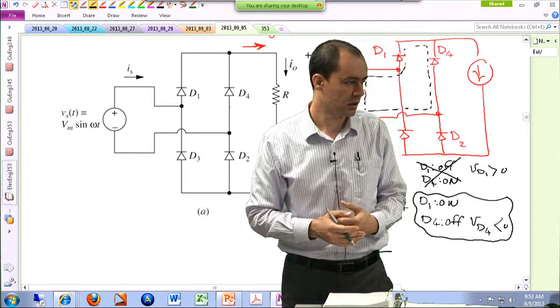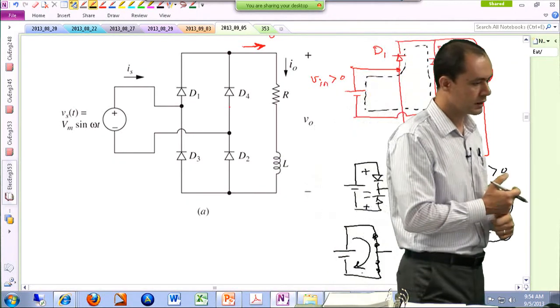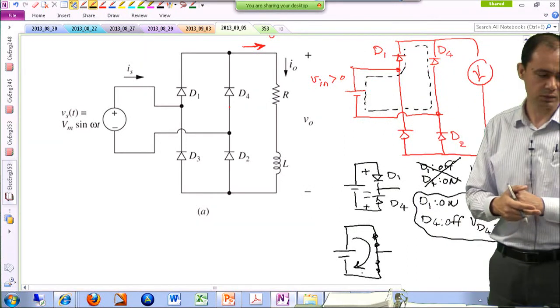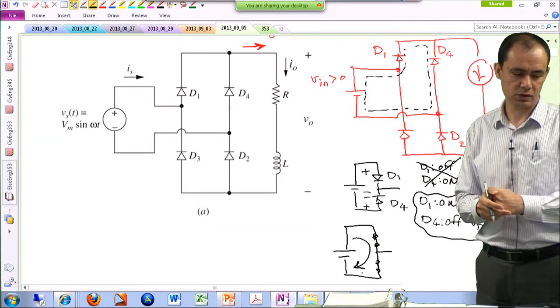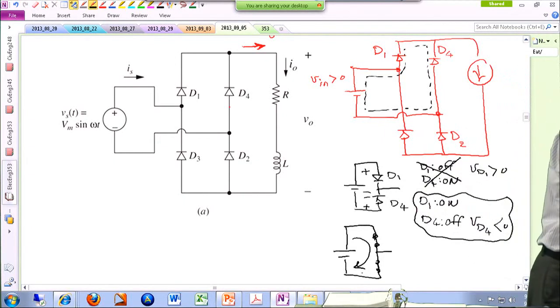So basically, we ruled out both diodes being off, both diodes being on, and D1 off, D4 on. So the only viable possibility would be D1 is on and D4 is off when the input voltage is positive. So we know that this is the one that is conducting, and this one is not conducting.